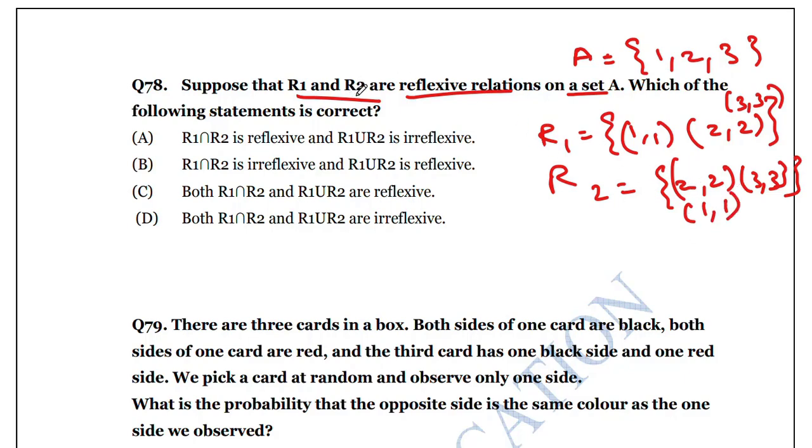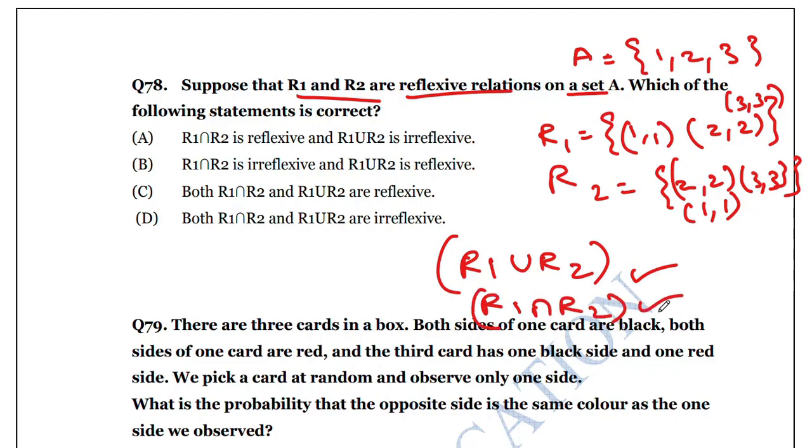So if R1 is a reflexive relation, if R2 is a reflexive relation, then we can say that R1 union R2 is also reflexive and R1 intersection R2 is also a reflexive relation. So which option will come? Both R1 intersection R2 and R1 union R2 are reflexive.